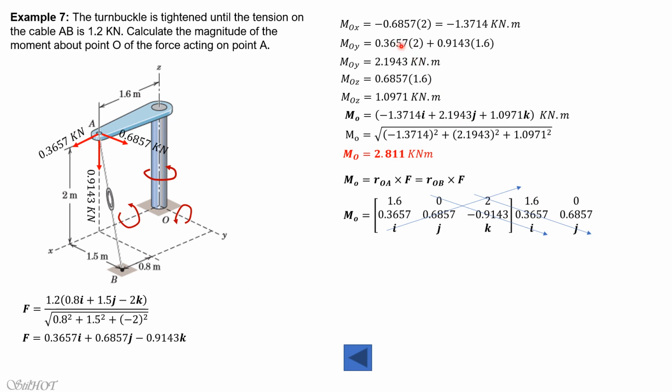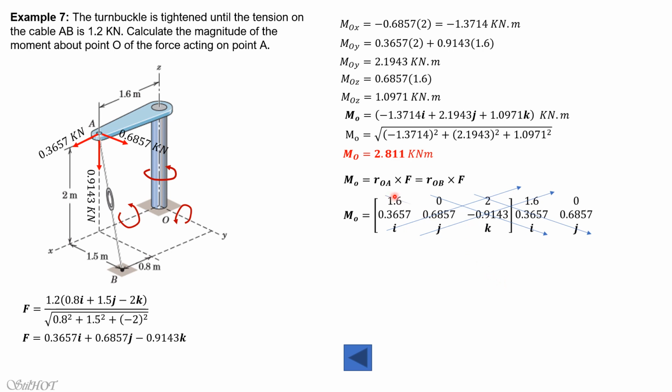This is this first term here, minus negative 0.9143. So negative of negative 0.9143 is positive. So positive 0.9143 times 1.6. So that's why we have here 0.9143 times 1.6. So it's the same for the Y component.